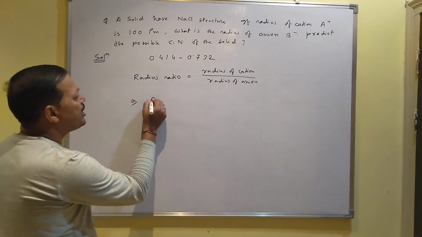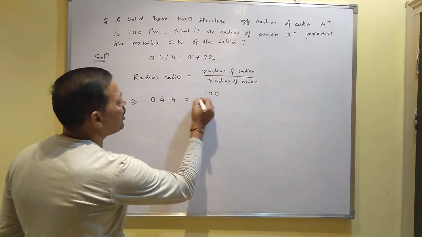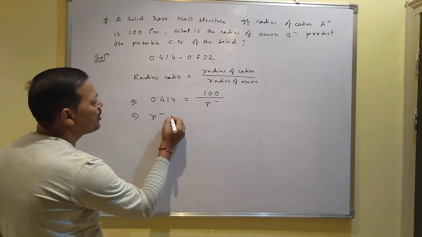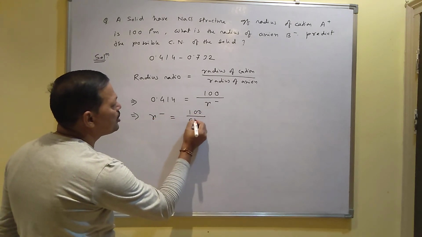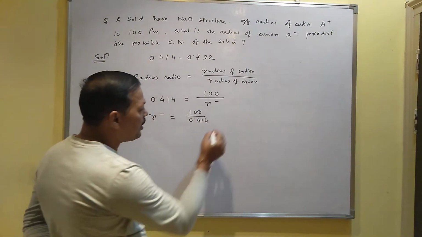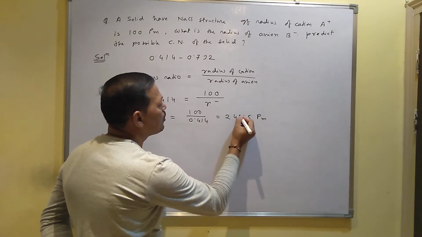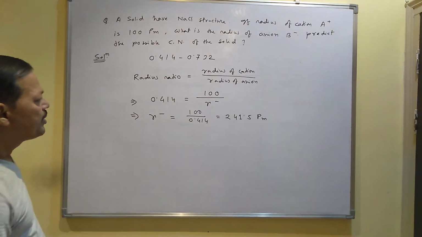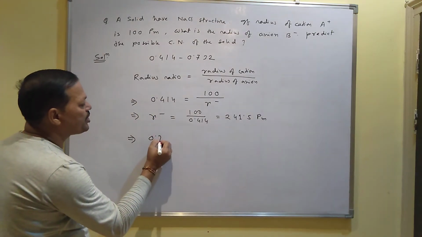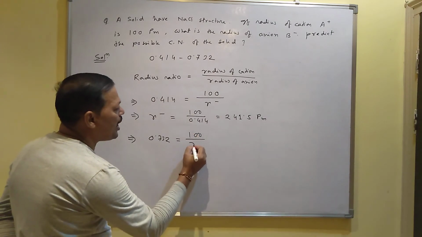So suppose the radius ratio is 0.414, and the radius of the cation is given as 100 picometer, then you can find out the radius of the anion. The radius of the anion is equal to 100 divided by 0.414, and when you do it, you will get 241.5 picometer. Similarly, if the radius ratio is considered as the maximum one, 0.732, this is equal to 100 by R minus.